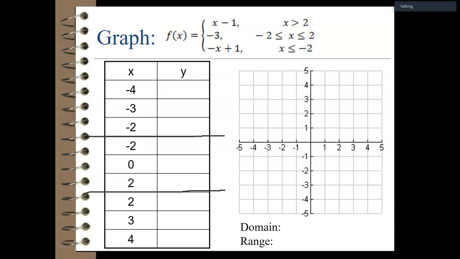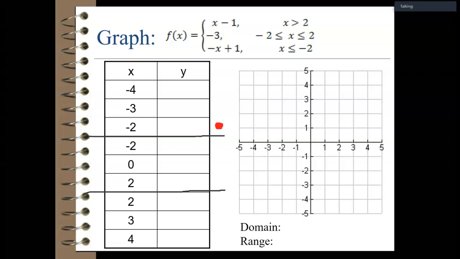Well, this inequality right here represents the x values less than or equal to -2. So what that means is that -4, -3, and -2 are getting plugged into -x plus 1. And I have a closed point at -2.